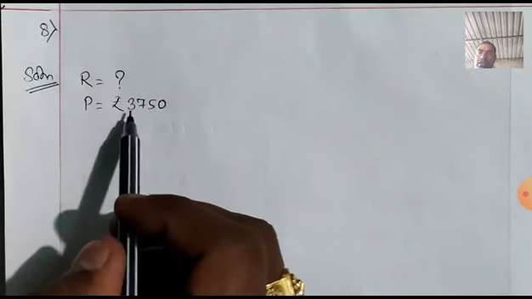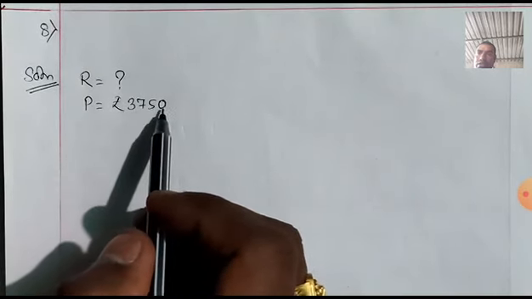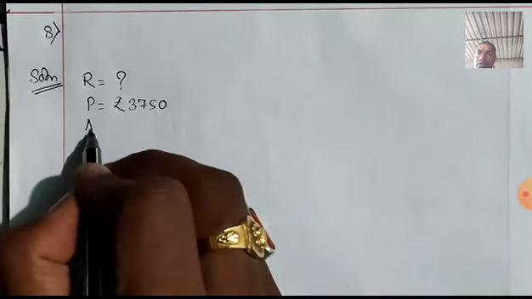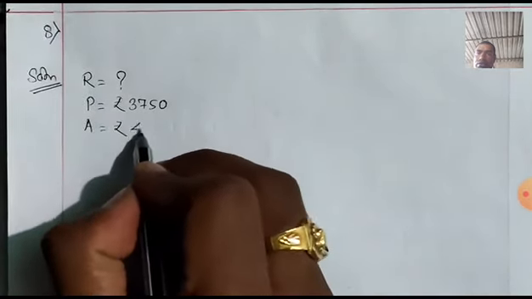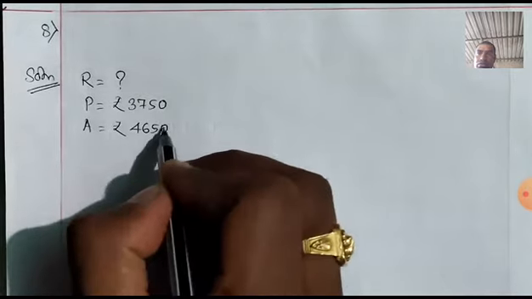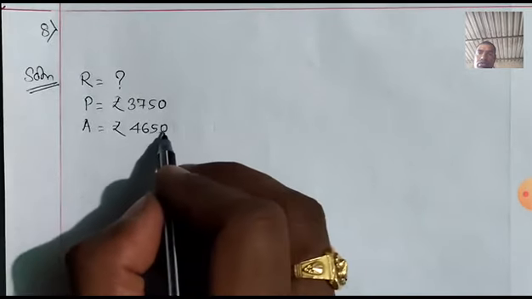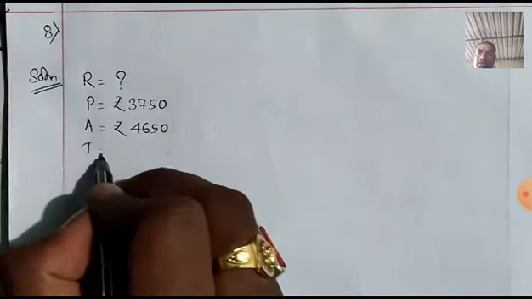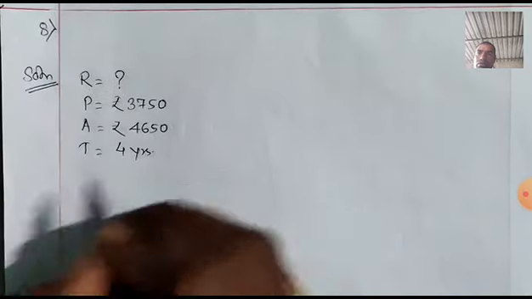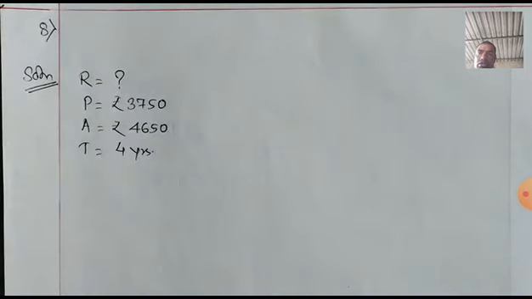Easily we will get the interest, by subtracting principal from amount. So amount is given 4650, this is the amount. Then time is equal to 4 years. All these are given in the question.